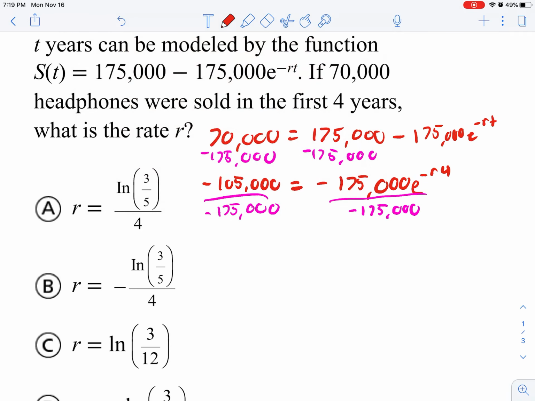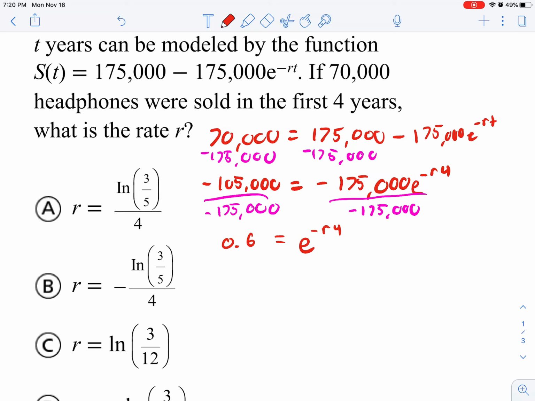So now we've got 0.6 equals e to the power of negative R times 4.